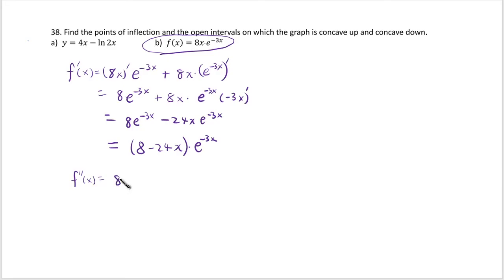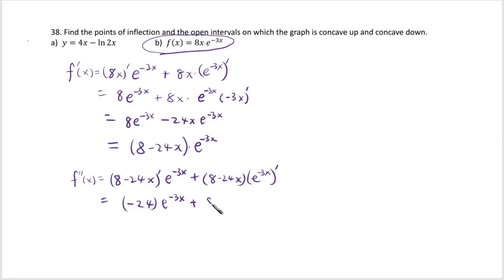You differentiate 8 minus 24x prime e to the negative 3x, plus you have 8 minus 24x times e to the negative 3x prime. And then if you differentiate 8 is 0, negative 24x differentiates to just 1.